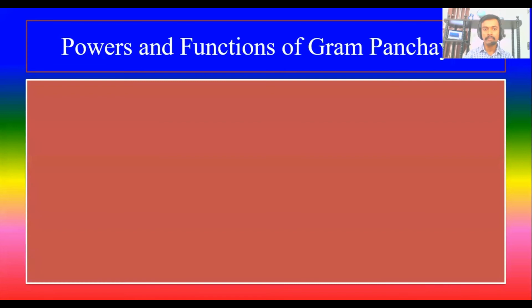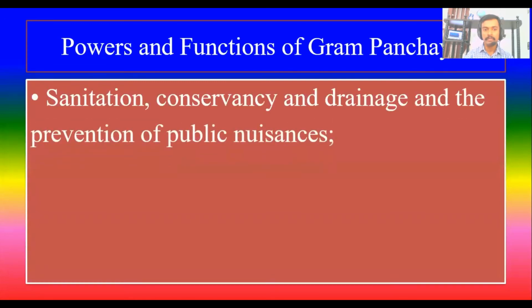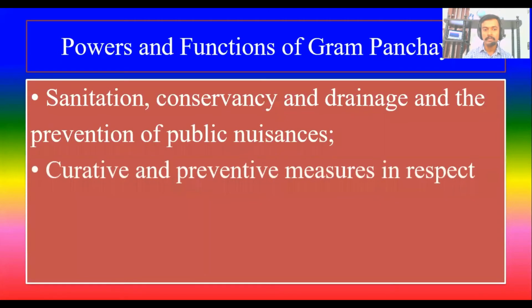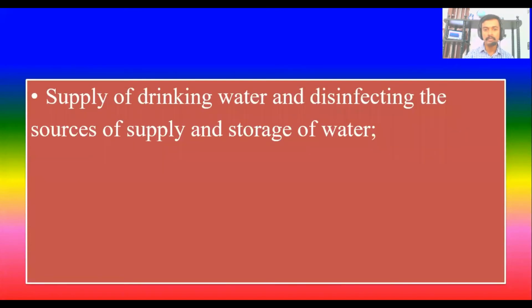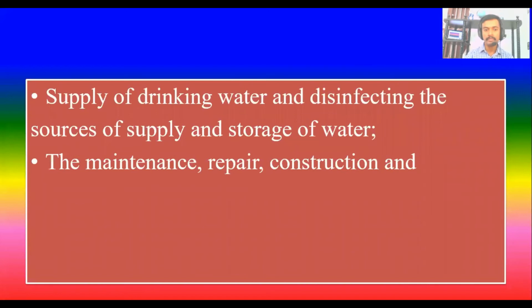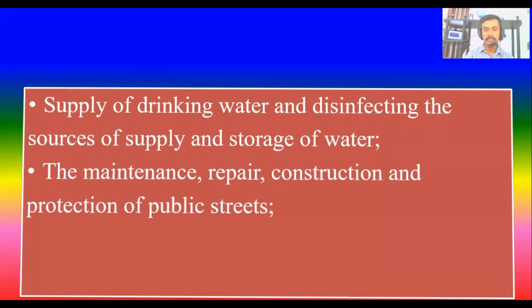Then power and functions of Gram Panchayat: sanitation, conservancy, drainage, and the prevention of public nuisances, and preventive measures in respect of any epidemic, for example, COVID-19. Then supply of drinking water, disinfection of the source of supply of water, maintenance, repair, construction, and protection of public streets.